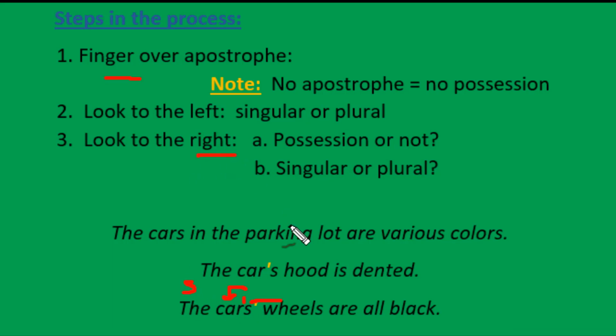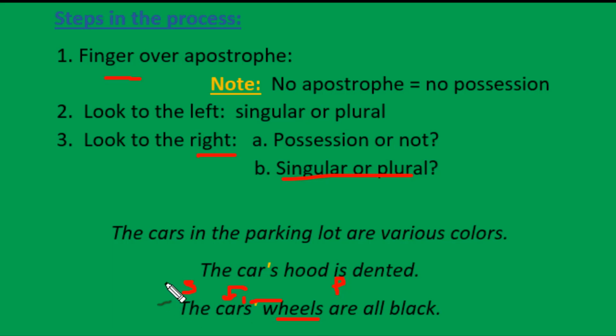When we look to the right, does one car own wheels? Yes, because one car owns 4 wheels. And is it singular or plural? Wheels, plural. In this case, it still makes sense. One car owns multiple wheels, whereas the sentence before was multiple cars own multiple wheels.